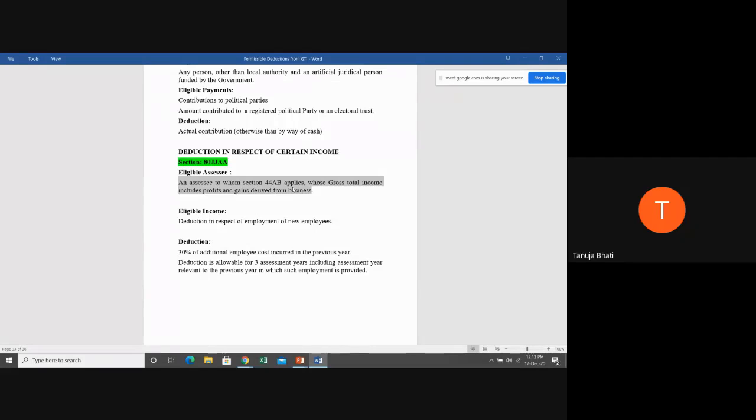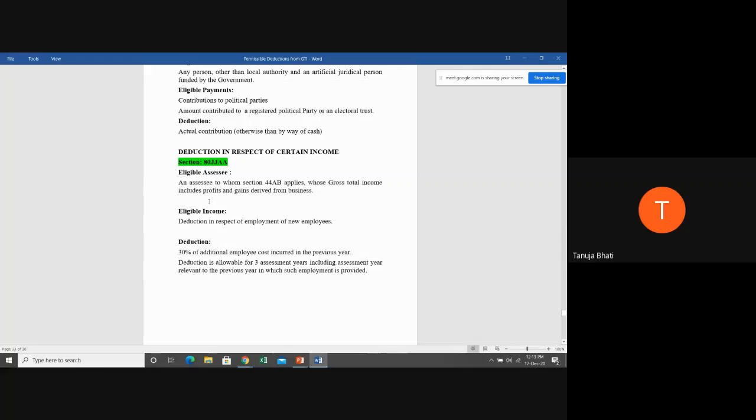So whoever goes for an income tax audit is covered under section 44AB. So an assessee to whom the tax audit is applicable, whose gross total income includes profits and gains derived from business. Remember, this 80JJAA is applicable only to business houses for whom tax audit is required.